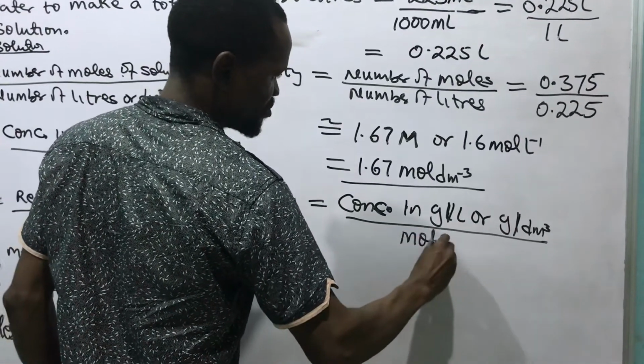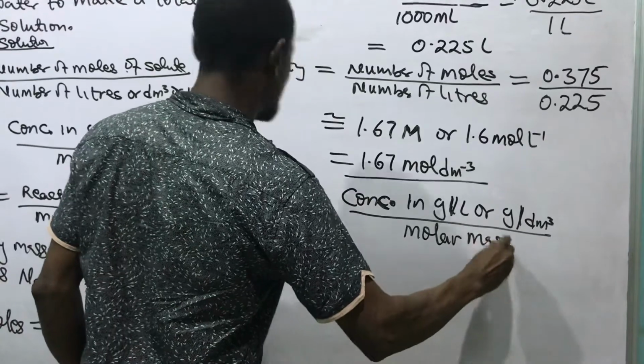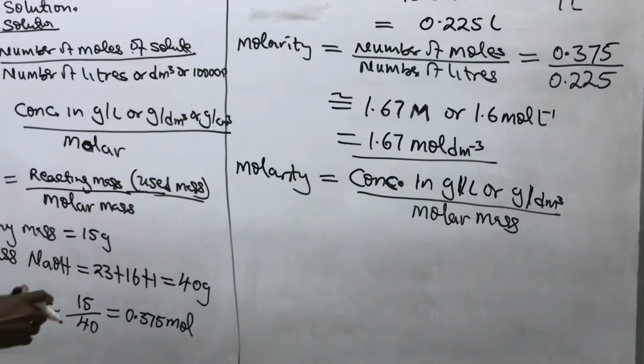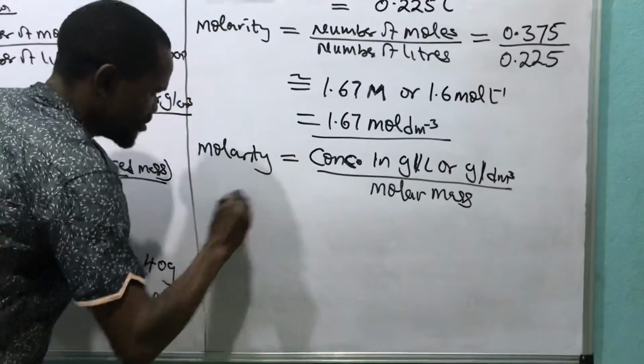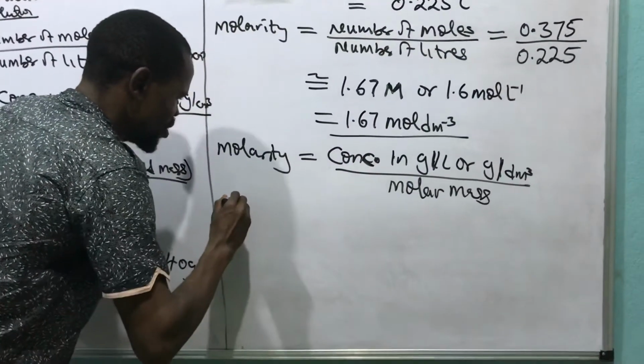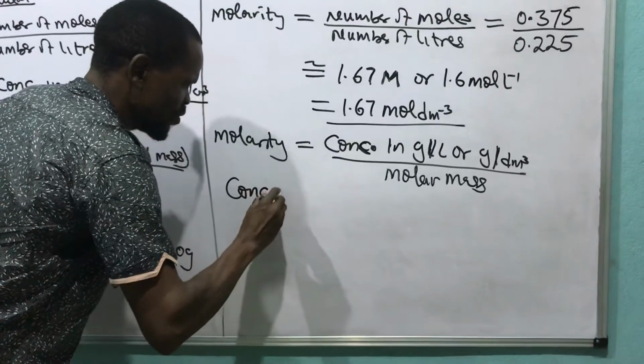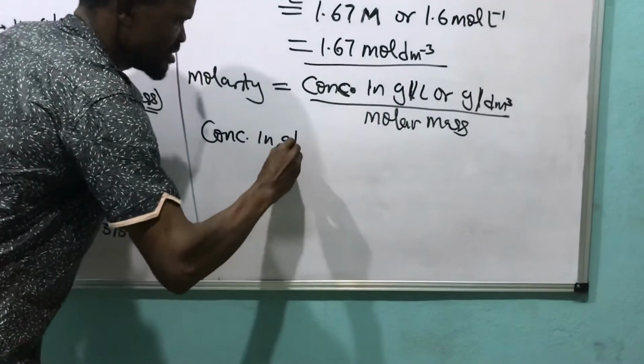That's what I give in our formula there, over molar mass. Then I'm looking for concentration in gram per liter.